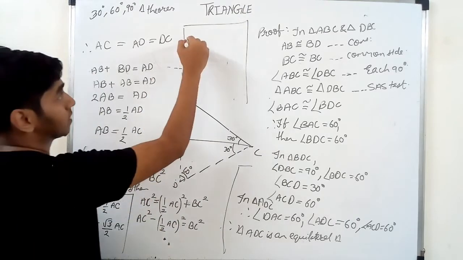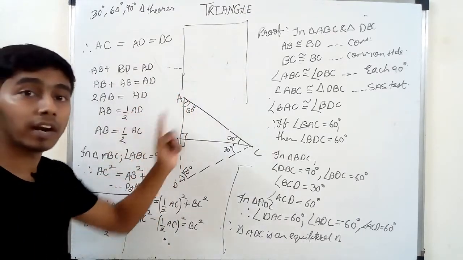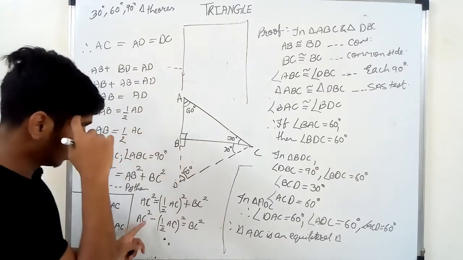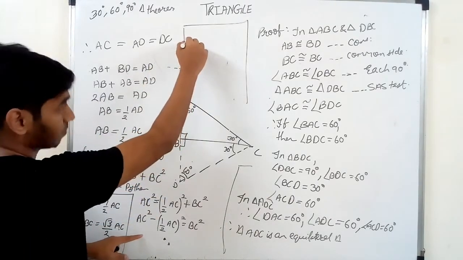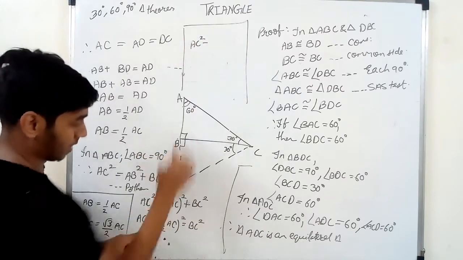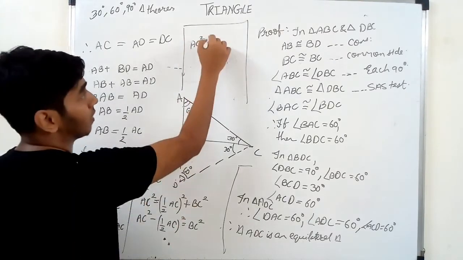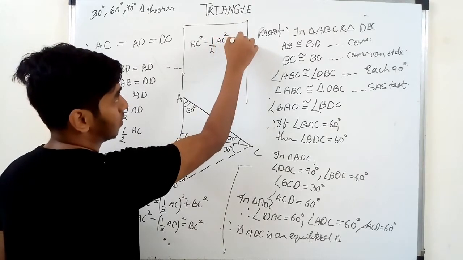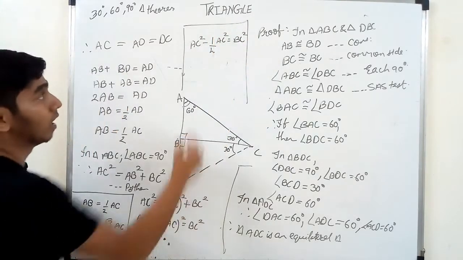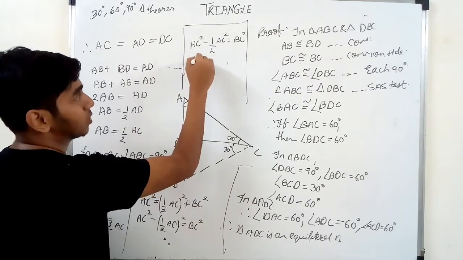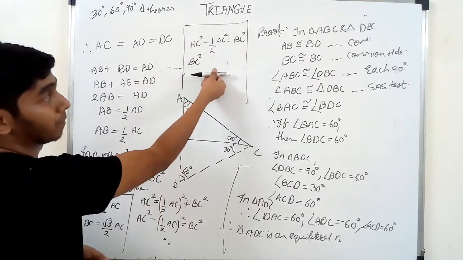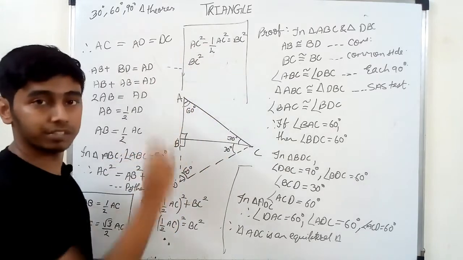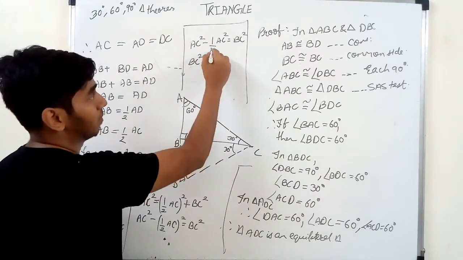After this, make sure that you keep on writing with me because you might get lost. So AC square minus the square of 1 by 2, which is 1 by 4 AC square, is equal to BC square. Now I can write this as BC square, switching the equation.